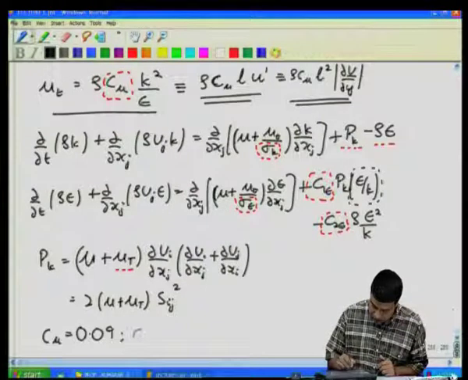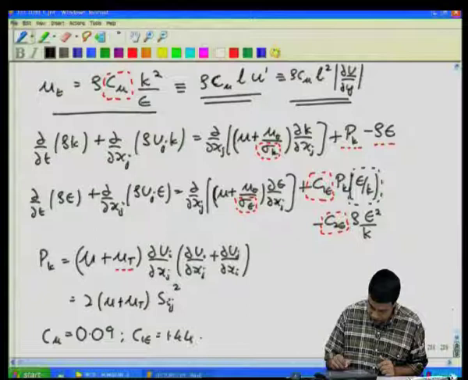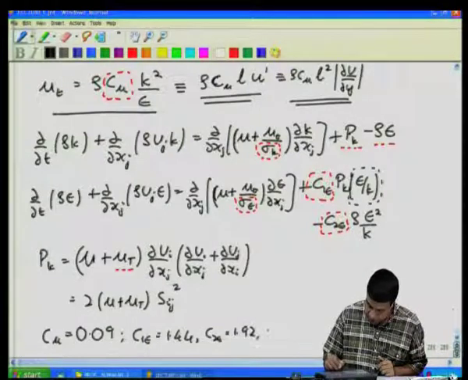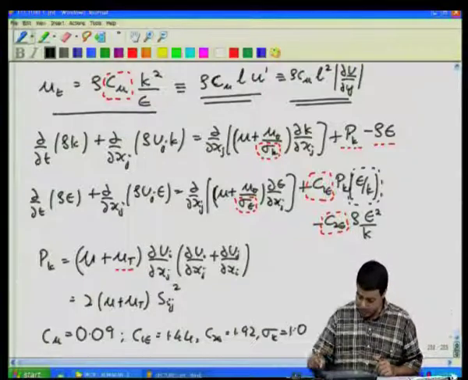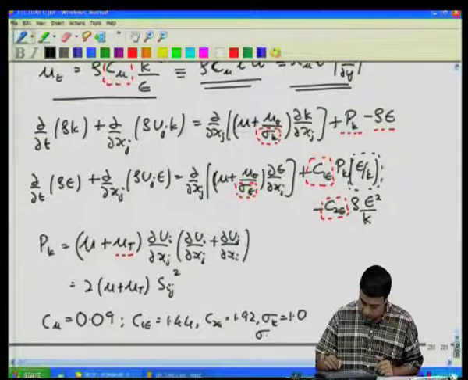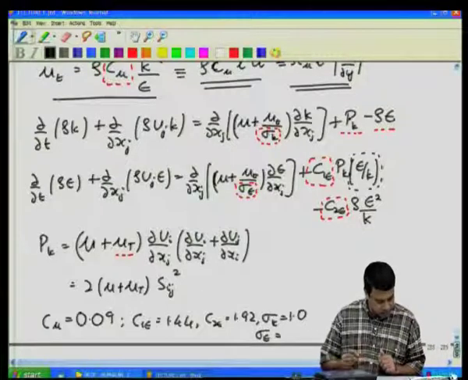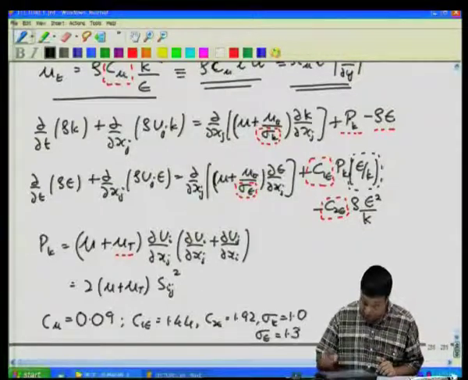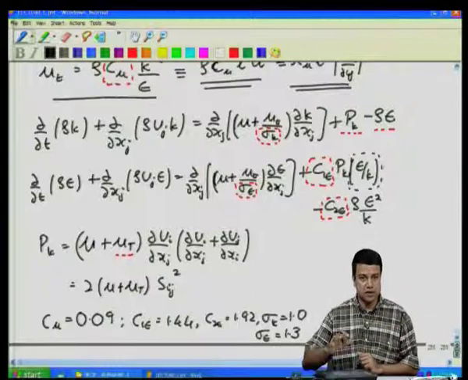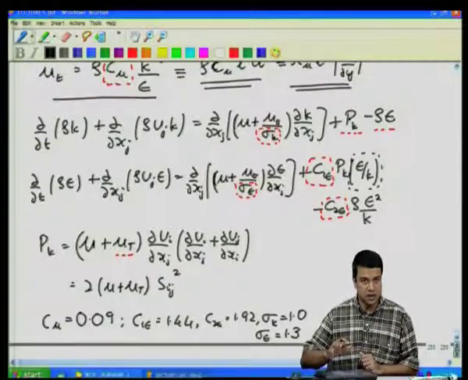C1 epsilon is equal to 1.44, C2 epsilon is equal to 1.92, sigma k is actually very close to 1, and sigma epsilon is taken as 1.3.